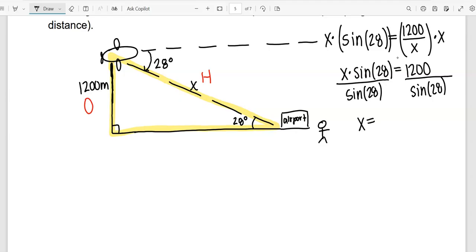So x is equal to, and I'm going to choose one more lucky person to tell us what this is. Lillian. Oh wait, we're not taking sine inverse, right? It's just 1200 divided by sine of 28. You're just typing this part in.